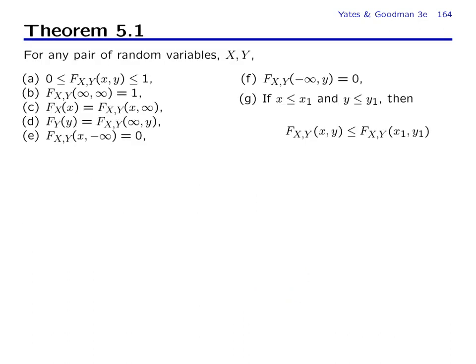Because the CDF is a probability, it inherits many of the properties of probabilities. For example, we see that the joint CDF of X and Y is always greater than or equal to 0 and less than or equal to 1 because probabilities are between 0 and 1.